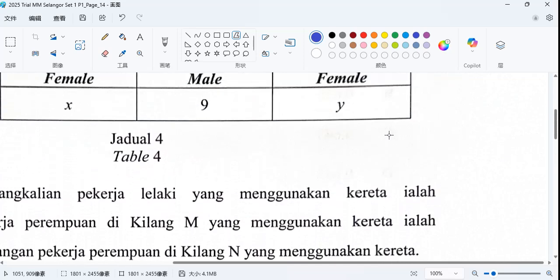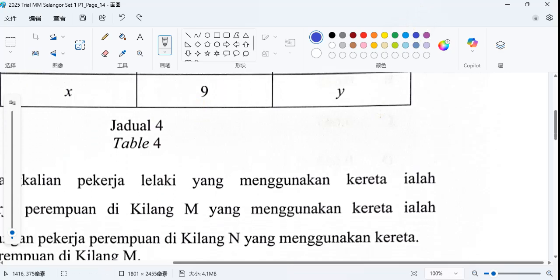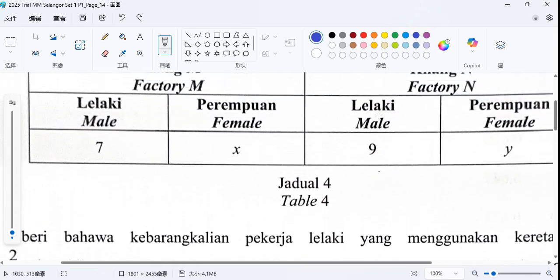So over here we know that this is 1 over 3 of y. So y equals 3x.